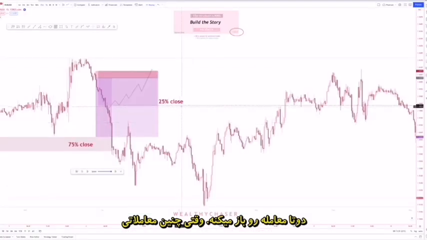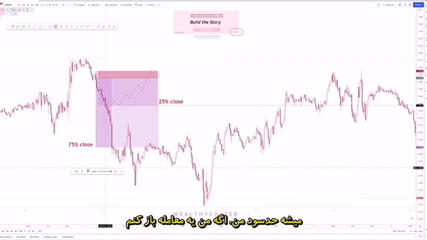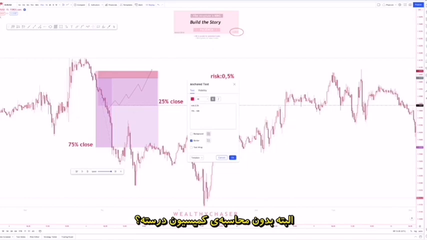When we open a trade like this, when the trade closes at 10R, what will be my profit? So if I open a trade and I'm risking 0.5%, and if only 75% of my position is going to be 10R, we're going to do very quick math without counting the commissions, of course, right?